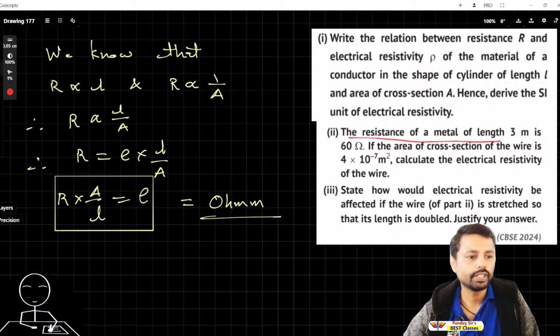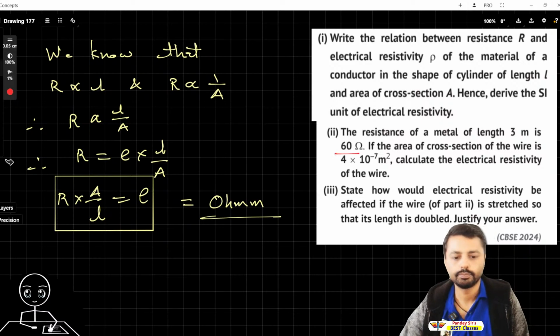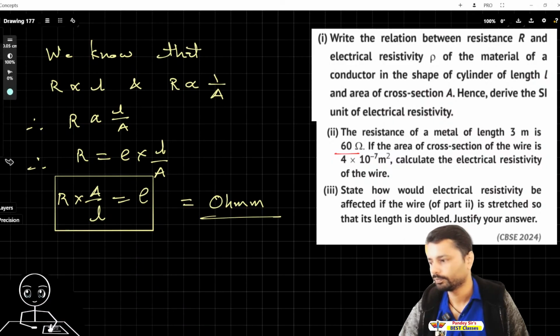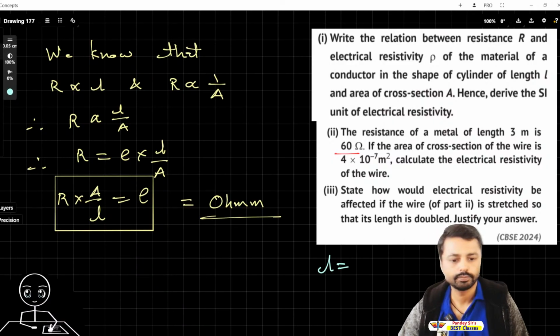the resistance of a metal of length 3 meter is 60 ohm. So length equal to 3 meter and R equal to 60 ohm.